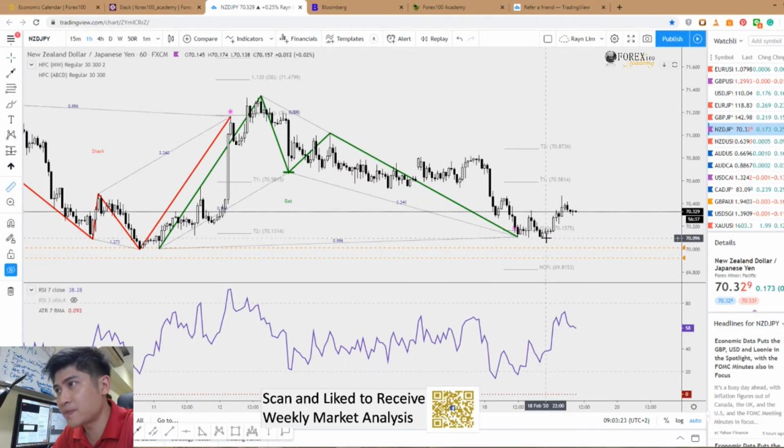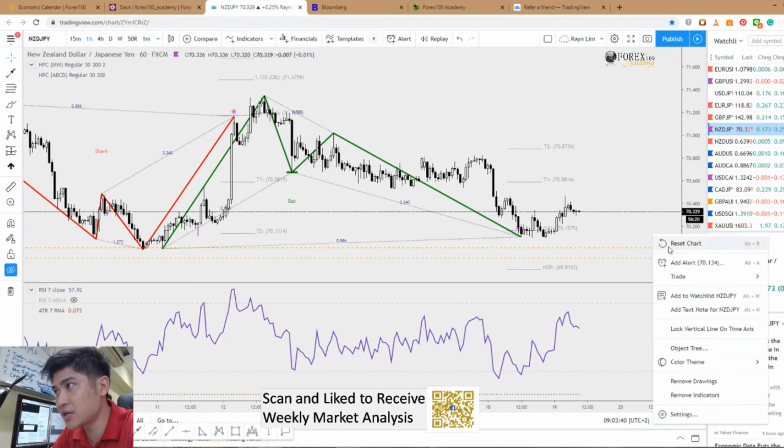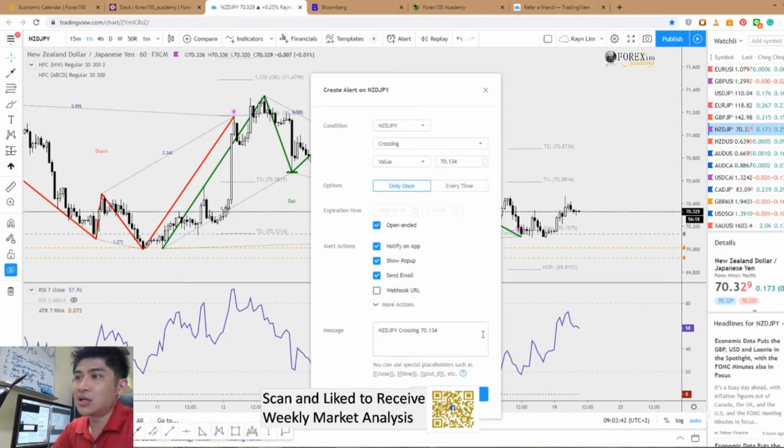Okay, so over here, target 1 not hit yet. Potential stops about 29 pips, target about 47, 75, looks good. So what I'm going to do over here, we right click, do an alert. This is New Zealand yen. Give credit to the software.